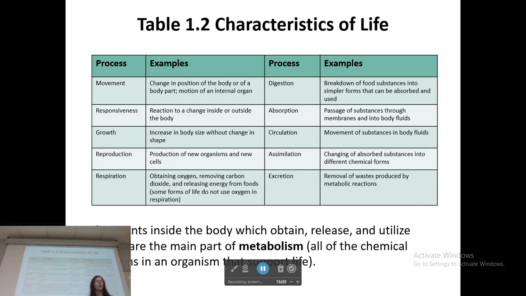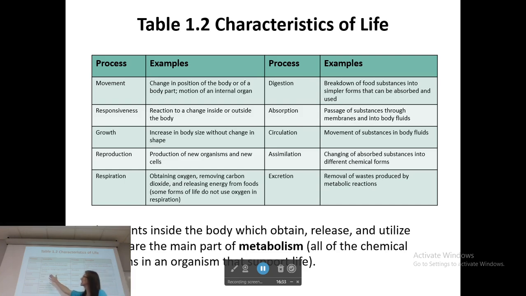What is an example of an internal organ that has movement? Your lungs, right. So your lungs are moving, expanding and contracting due to your diaphragm, right? So lungs would be moving. Digestive system, right? So within your digestive system, food is moving through the body. Blood moving through your cardiovascular system. So all of that is part of the movement.